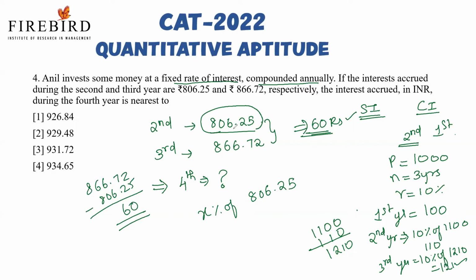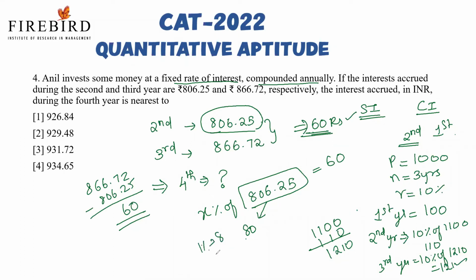Now you have to see what percentage will give you 60 rupees in 806. While calculating X, what is X percentage of 806 is 60. You should be able to calculate practically. I know that 10 percentage of 806 is 80, and 1 percentage of 806 is 8. I need 60 rupees.